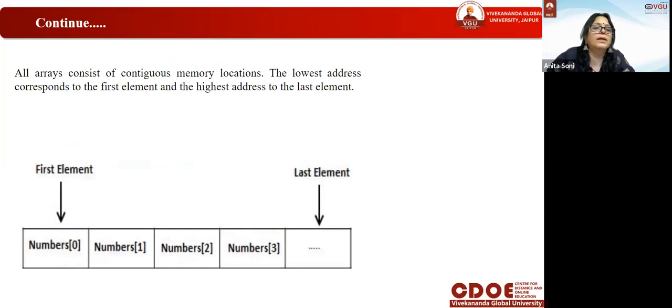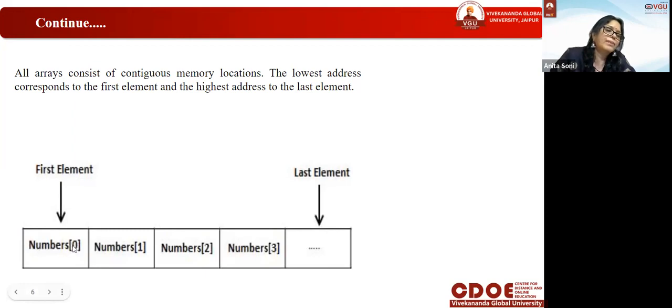An array stores the members in continuous memory locations. So, for example, if you have declared a variable number of size n, in the array the first element is number, and this is known as the index or subscript. Zero is the index.